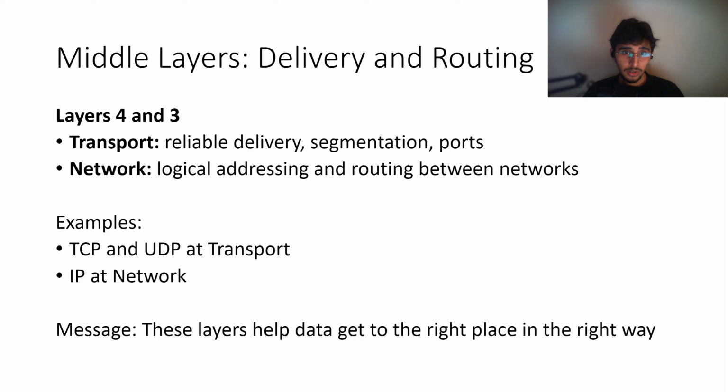Then comes the network layer. This layer handles logical addressing and routing. This is where IP works and where data figures out how to be moved between networks. So if transport is making sure the message is delivered properly, the network is figuring out where it actually needs to go.